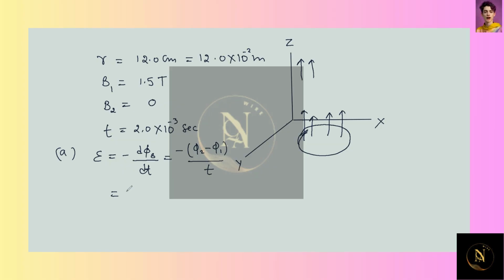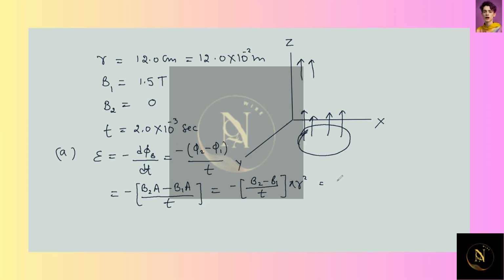And as we know, the magnetic flux is given as the product of magnetic field with the area. So this phi 2 becomes B2 times A, area, and this phi 1 becomes B1 times area of the loop, divided by time. This area comes out as a common factor, so finally we will have B2 minus B1 divided by time, multiplied by area of this coil, which is pi r square.